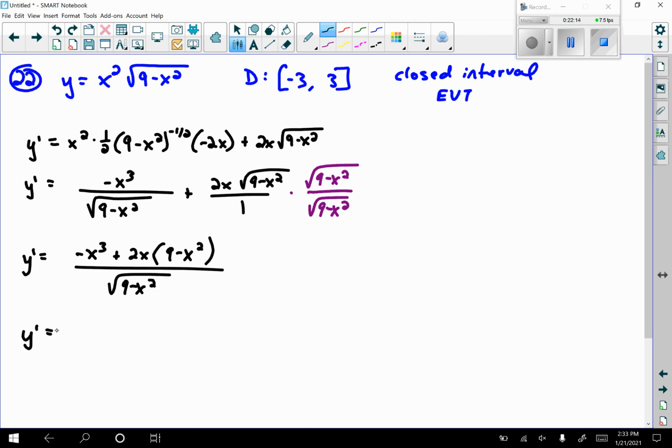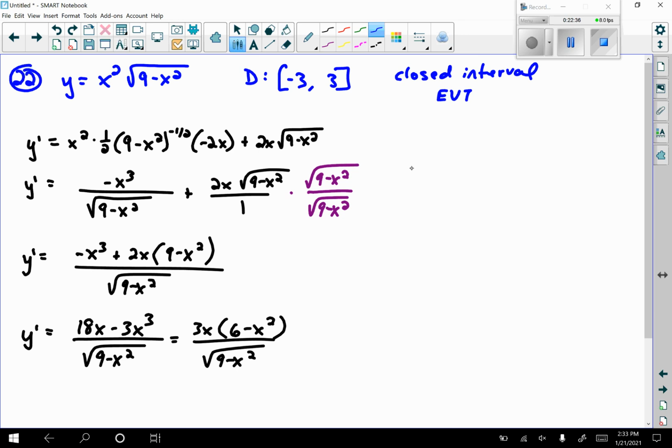Distributing and combining like terms, I'm just going to fast forward a little bit here. We're going to get 18x minus 3x cubed all over this. And we could factor out a 3x, and then we would have 6 minus x squared over the square root, and that's going to help us a little bit. All right, so where is y prime equal to 0?